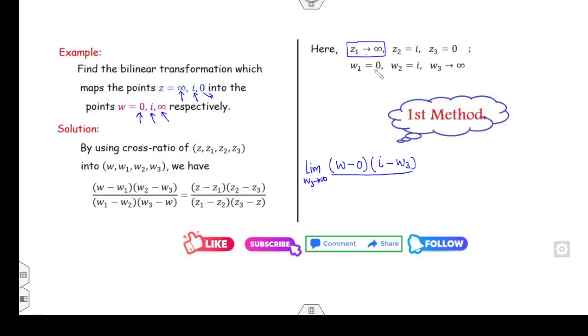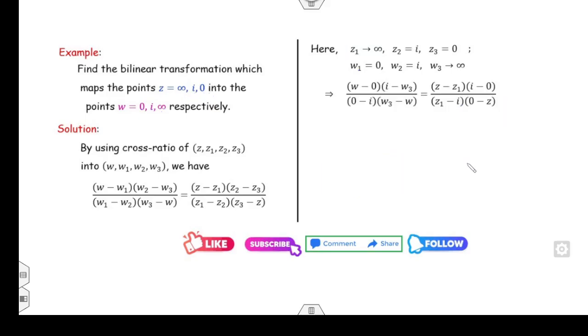Then W1 minus W2, W3 minus W, which is equal to the right hand side, Z minus Z1. Z1 is my infinity. On the right hand side, I can take the limit as Z1 approaches infinity. Or you can write here the limit as W3 approaches infinity, and here the limit as Z1 approaches infinity.